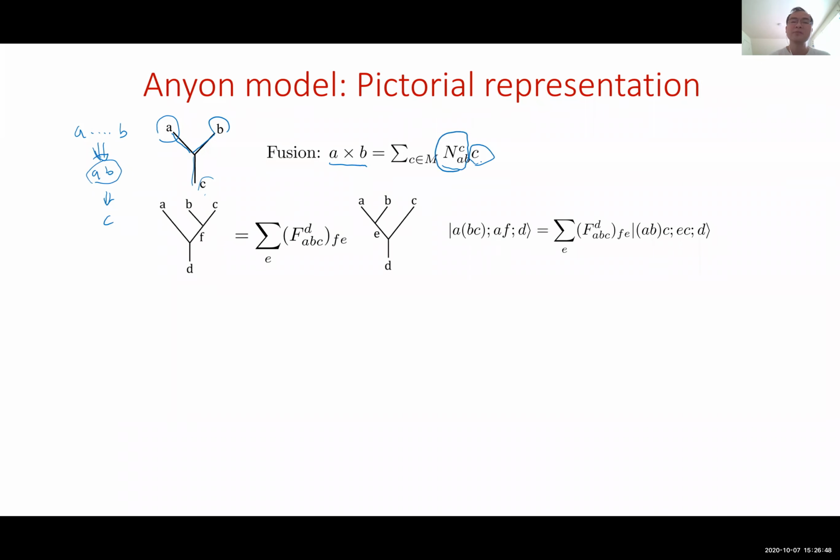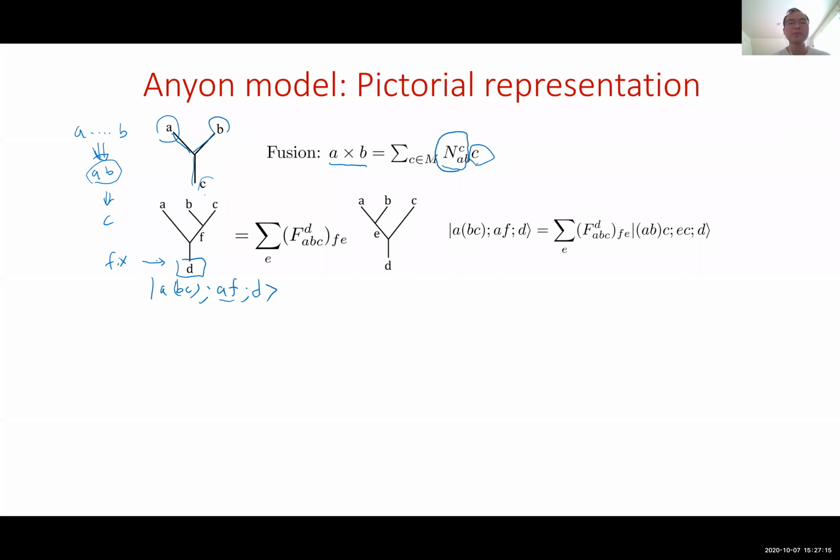And this is change of basis. So here, basically, I fuse B and C first, that fuse to F, right? And I also have A anyon, and then it fuses with F to become a D. So I always want to fix this in my final product.